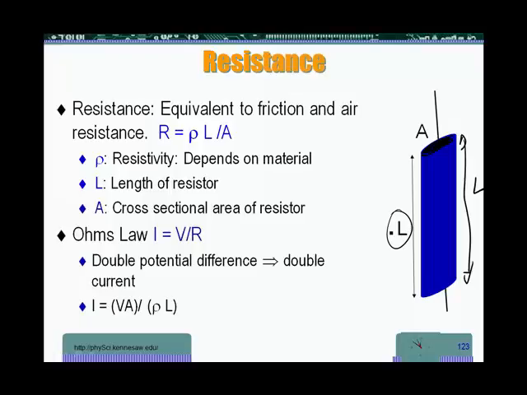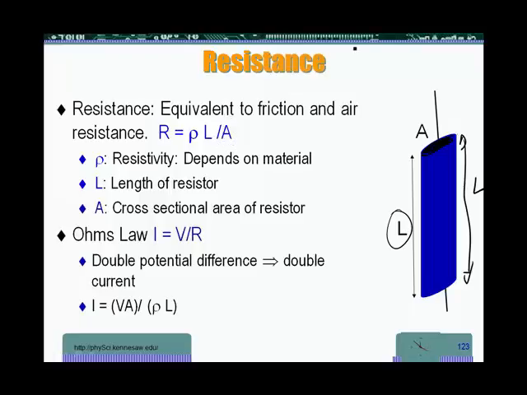Now, think of that as your highway. The bigger the cross-sectional area, the more lanes you have. The bigger the cross-sectional area, the less is the resistance and the easier it is for the charges to move. So that's going to affect resistance in the denominator.